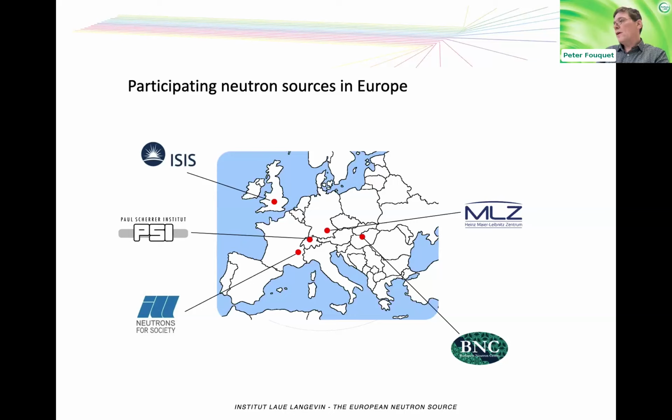And in Budapest, we have the Hungarian neutron source BNC. And last but not least, ILL, the Institut Laue-Langevin, based on the same campus as Gary's institute, the ESRF. So we have also, like at PSI and like on the ISIS campus, a synchrotron and a neutron source on the same site.